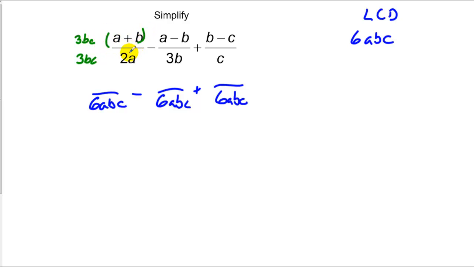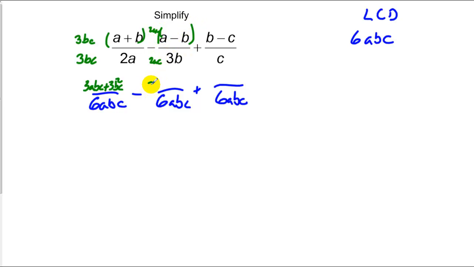So I distribute here. I end up with 3ABC plus 3BC, or B squared C. In this next term, I'm missing a 2AC. I have to distribute that in.